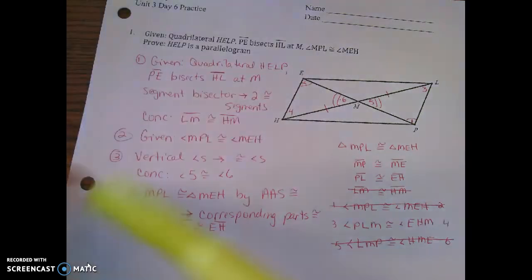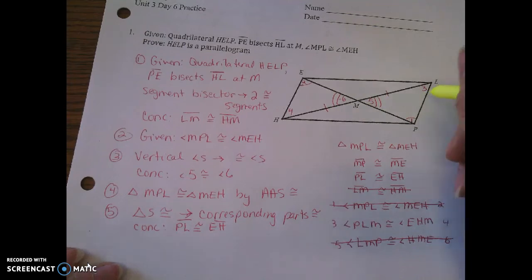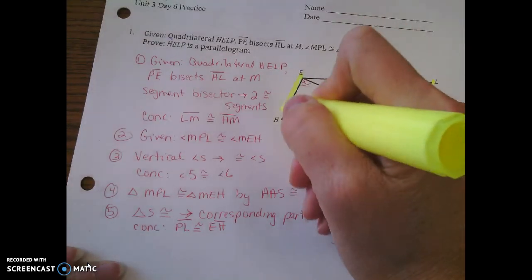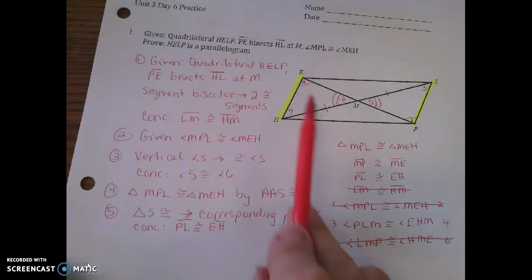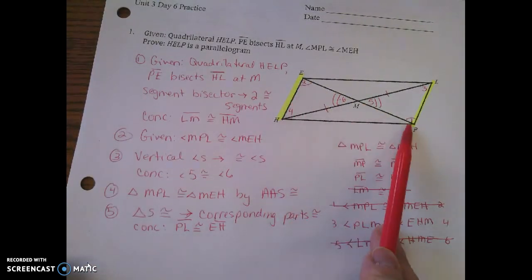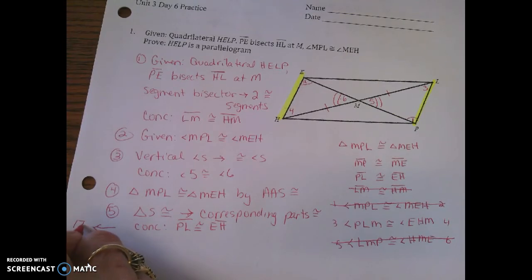Now, this is where I'm going to switch to a highlighter. I just got this segment congruent to that segment. I am noticing there is a diagonal that connects the two. This is half of what I need for a parallelogram.